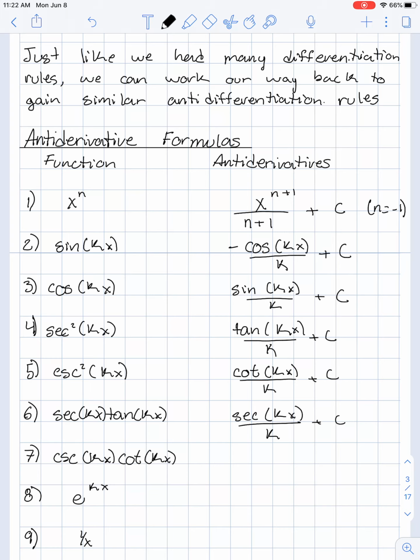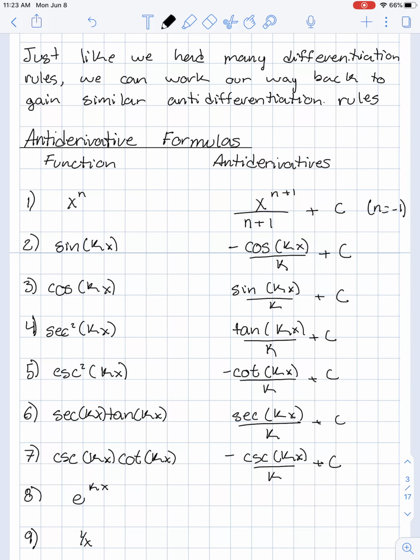So secant x tangent x will give me secant of x, and now we just throw in a k, to help ourselves out. And this is negative, oops, I forgot a negative with the cotangent. The co's get negative. Negative cosecant kx divided by k plus c.